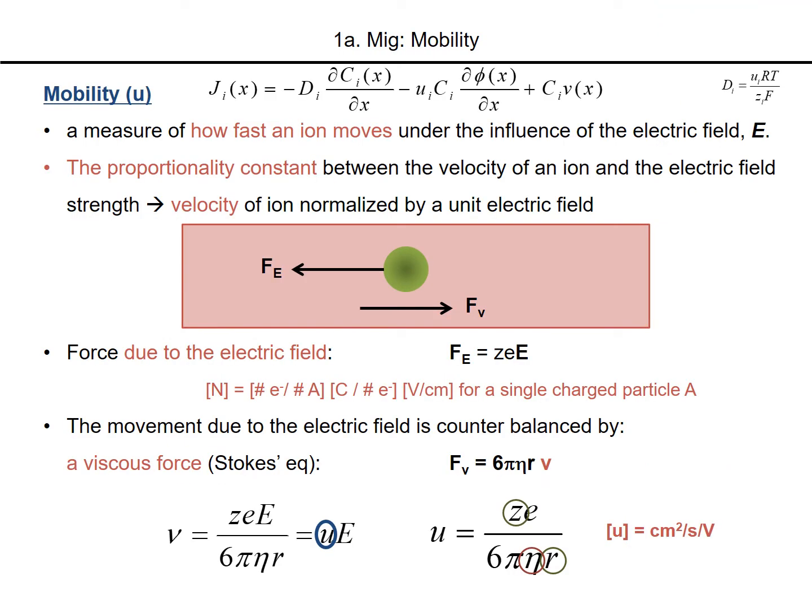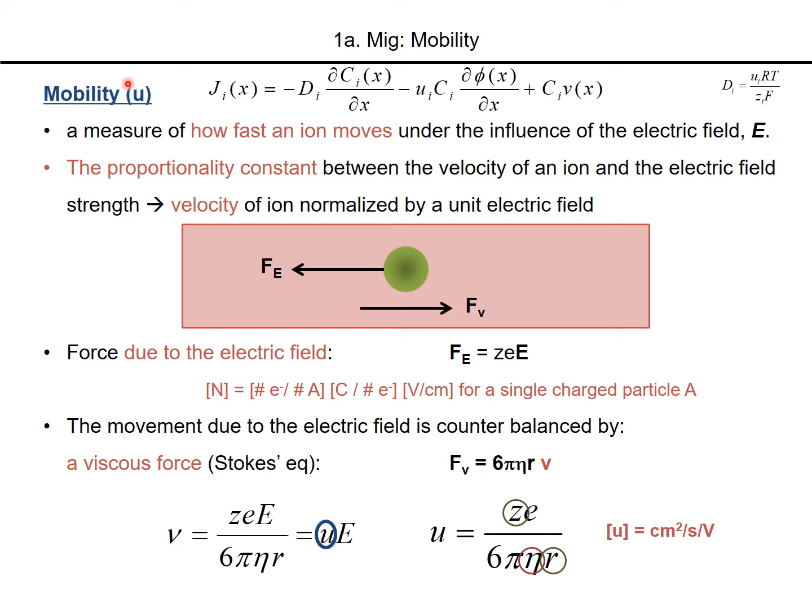The first one is mobility. I have said mobility is the characteristic of migration, but this mobility is closely related to the diffusivity also. What is the mobility?